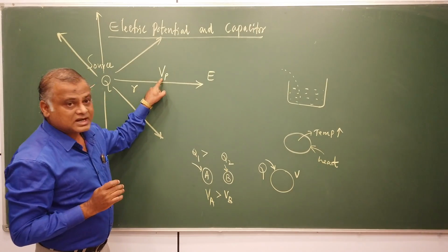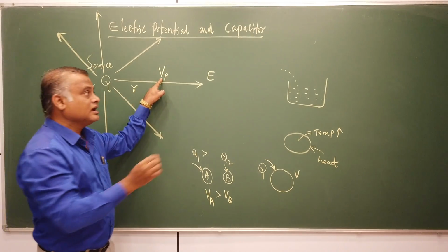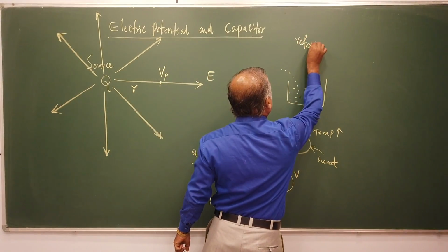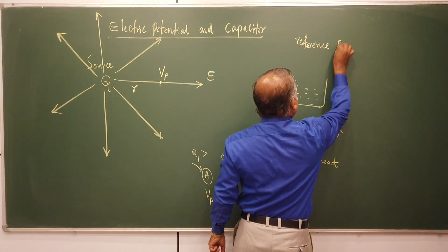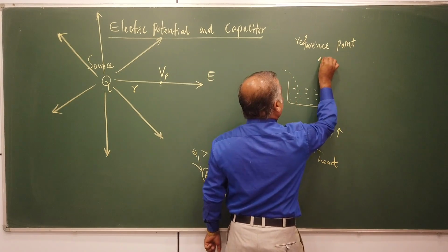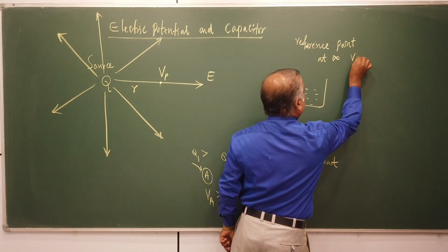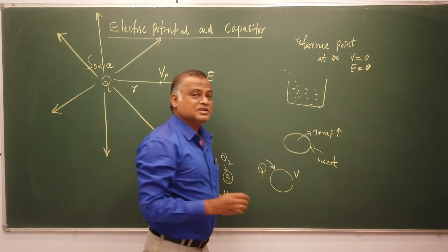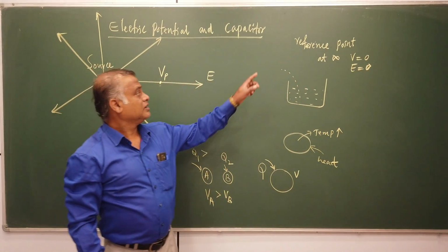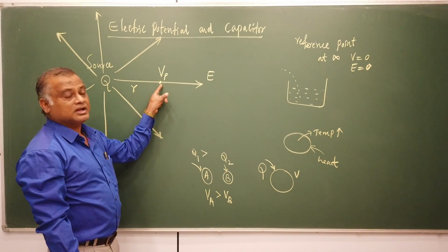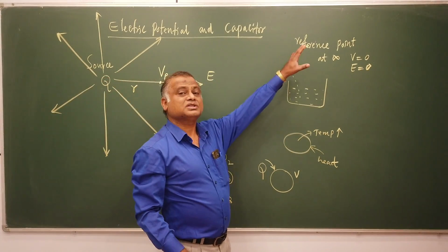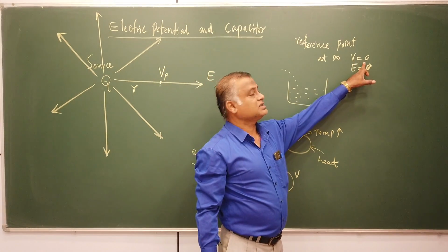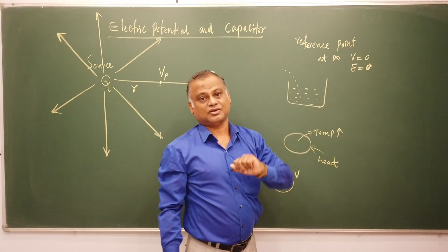To define electric potential at a point, I must have some reference point, so at infinity. To determine potential at a given point, I must choose some reference point where potential is 0 and electric intensity is 0.